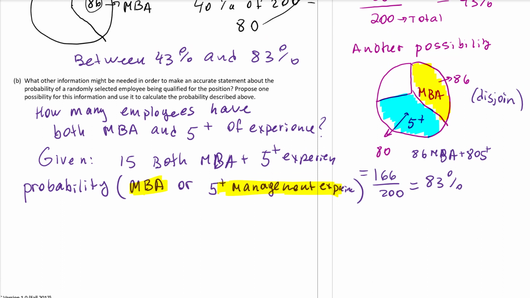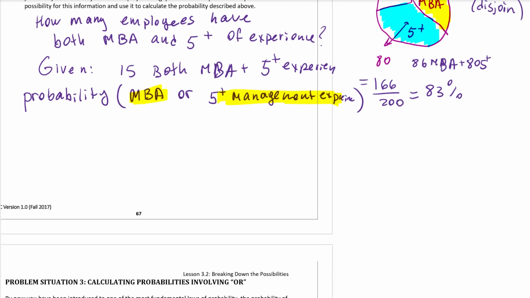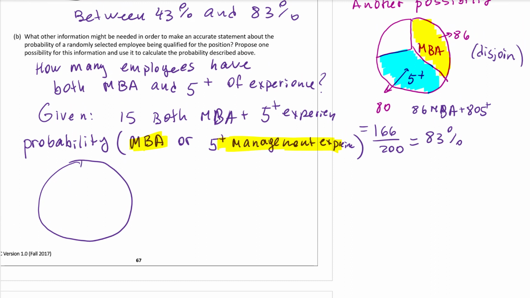If we visualize this again, check this out. Visually, look at this. You have a circle, again. Out of this circle, we look at 86 that have an MBA. Are you following? 86 have an MBA.